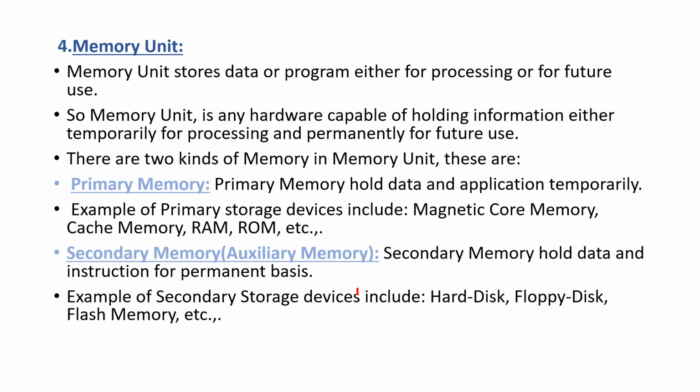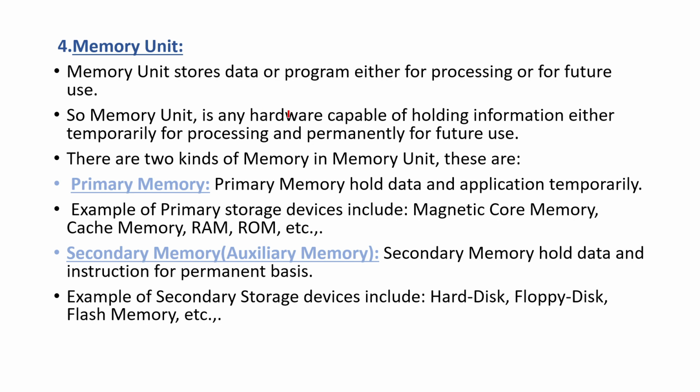Memory unit stores the data or the program either for processing or for future use. It means whatever things are stored in the memory unit are for the future or for processing right now. The second point shows that memory unit is any hardware that is capable of holding some information either for temporary purpose or for permanent purpose to be used in future.